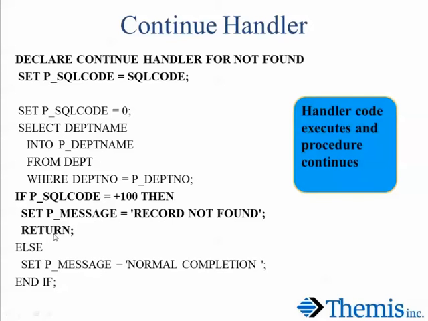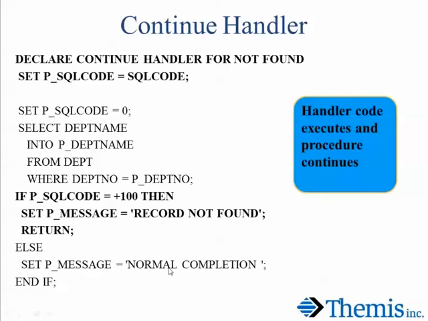And then in there we can return to the caller using the return SQL statement. So it would be equivalent to an exit handler for not found, move the record not found message, and exit. So we can control through our inline code the action and the messages we want to return to the user.